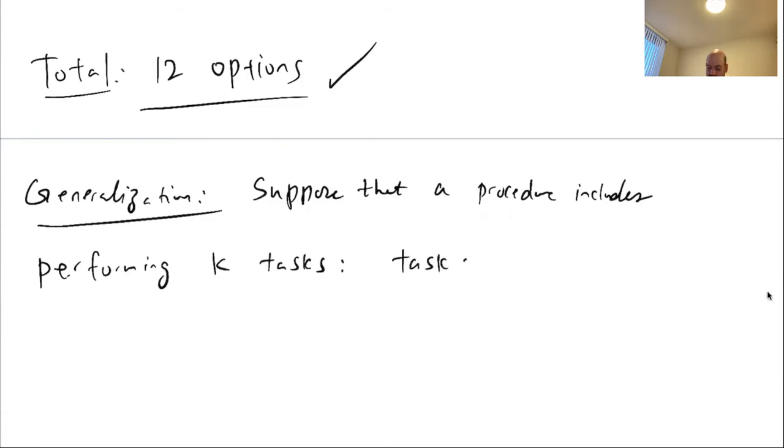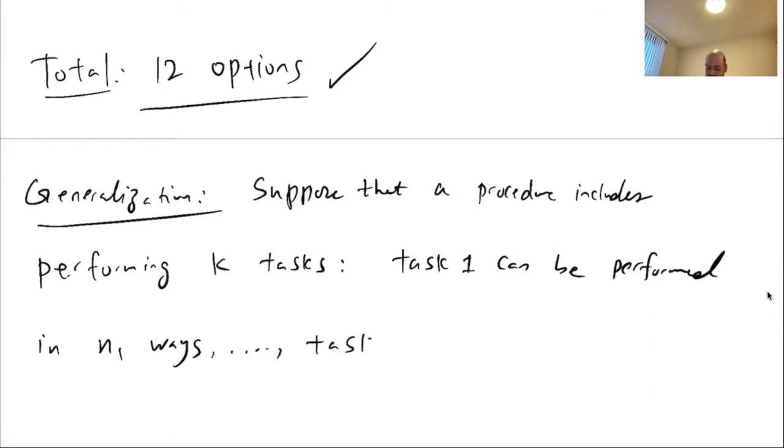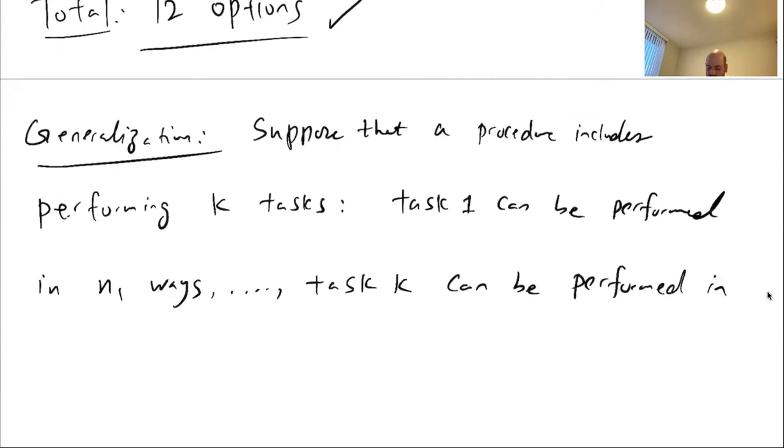Task 1 can be performed in, let's say, n1 ways, and all the way to task k, which can be performed in nk ways.